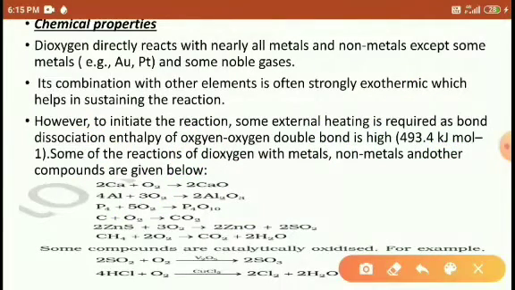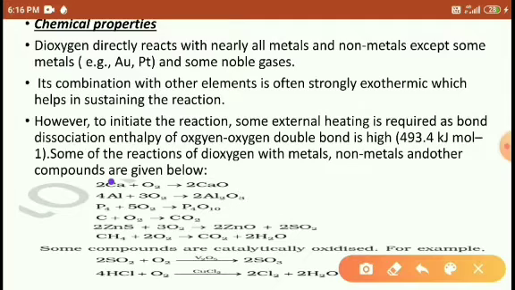To initiate the reaction, heating is required, because the bond dissociation enthalpy of the oxygen-oxygen double bond is high, 493.4 kJ per mole. Some reactions of dioxygen with metals, non-metals and other compounds are given below.